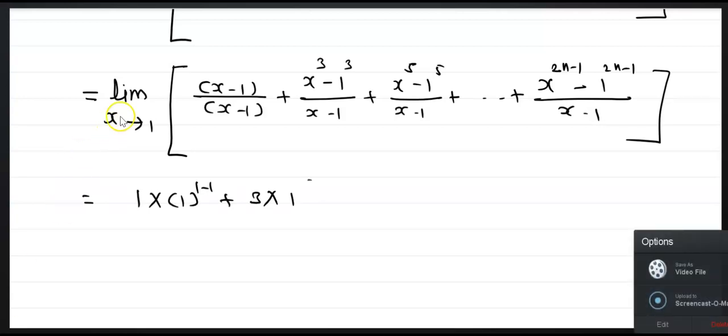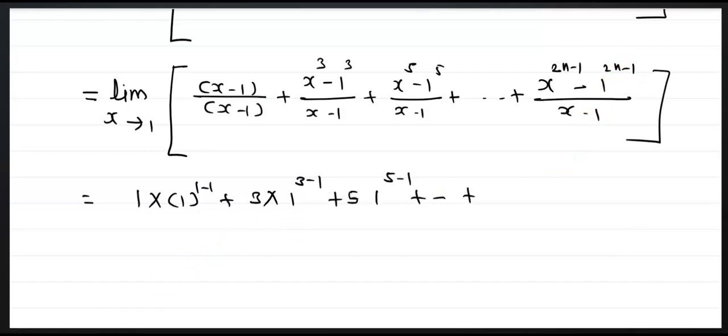That is limit x tends to 1, x minus 1 upon x minus 1 plus x cube minus 1 cube upon x minus 1 plus x raised to 5 minus 1 raised to 5 upon x minus 1 plus dash dash plus x raised to 2n minus 1 minus 1 raised to 2n minus 1 upon x minus 1.